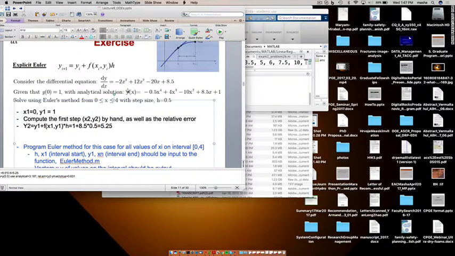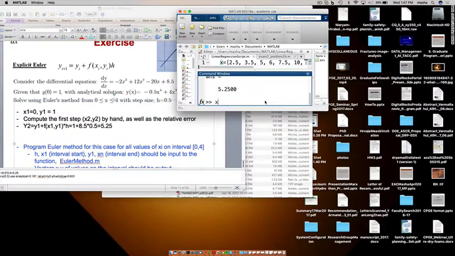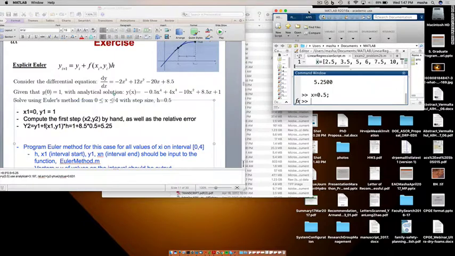Now, what is my analytical value? There's actually a polynomial here, okay? So I'm just going to say x is 0.5, and I'm going to compute what my y is. It's minus 0.5 times x to the 4 plus 4 times x to the 3 minus 10 times x squared plus 8.5 times x plus 1.